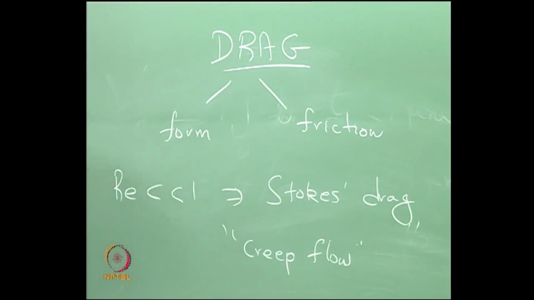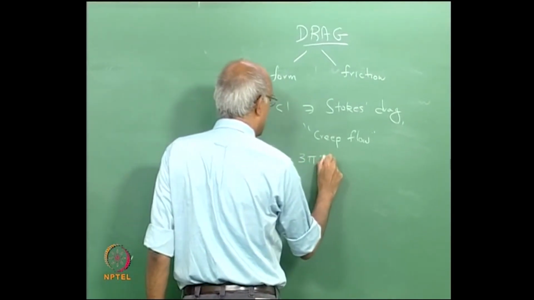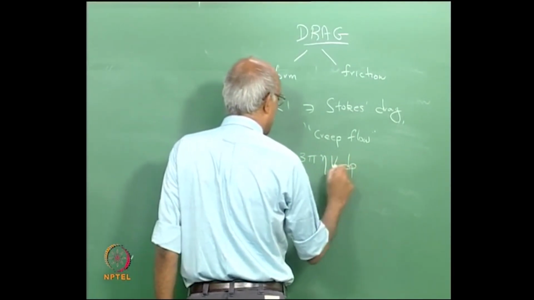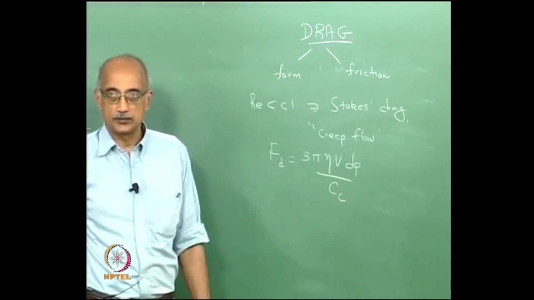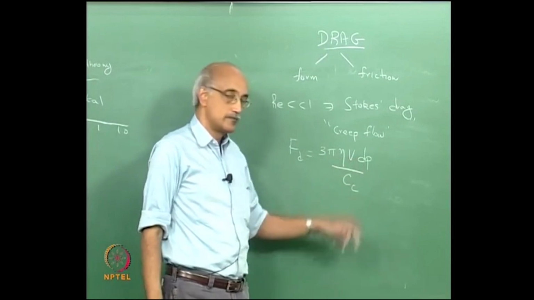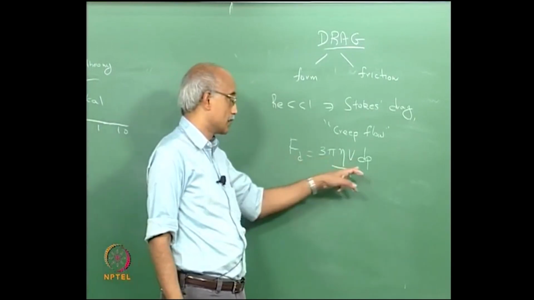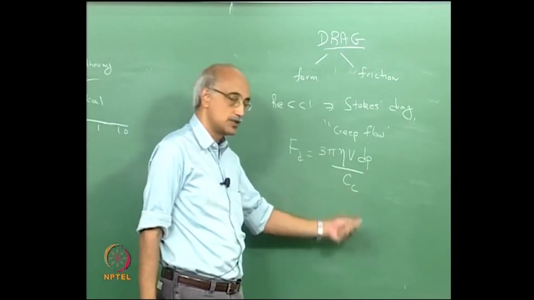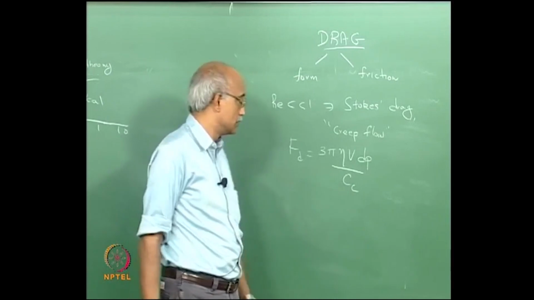And the expression for drag in this limit is Fd equals 3 pi eta V dP divided by Cc, where eta is the viscosity of the fluid, V is the differential velocity between the fluid and the particle, dP is the particle diameter, and Cc once again is the Stokes-Cunningham slip correction factor.